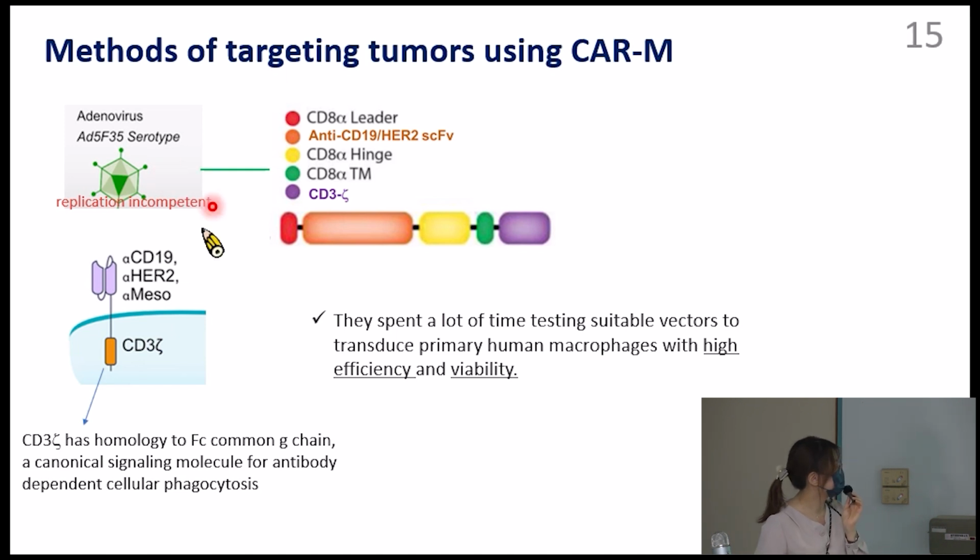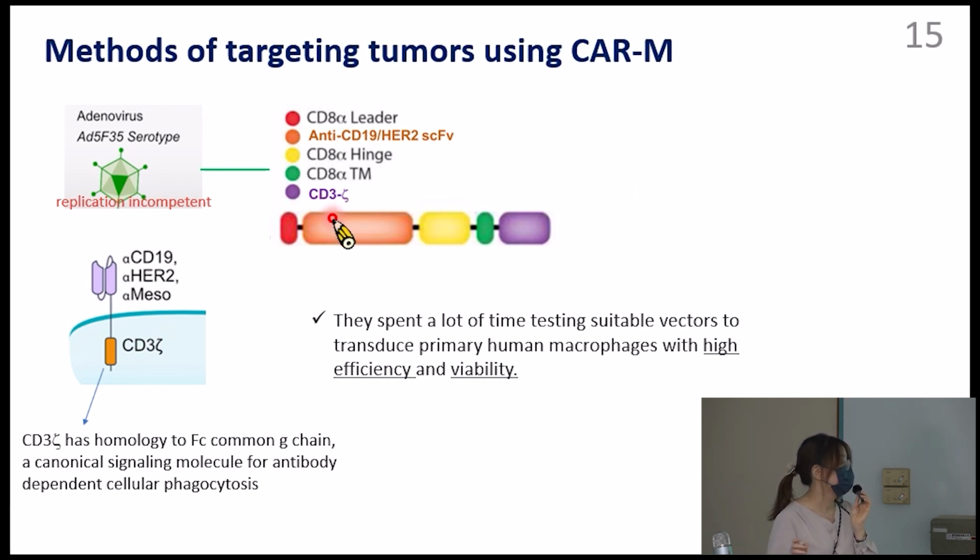So in the following experiments, when they want to infect the primary human monocyte, they all use this kind of virus, and the structure of the CAR is very similar to the previous one.